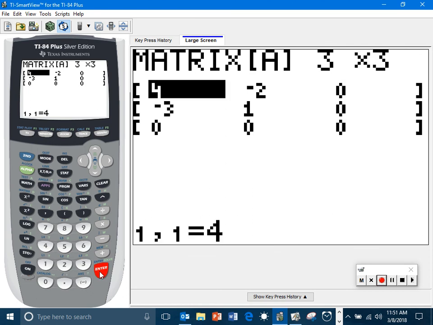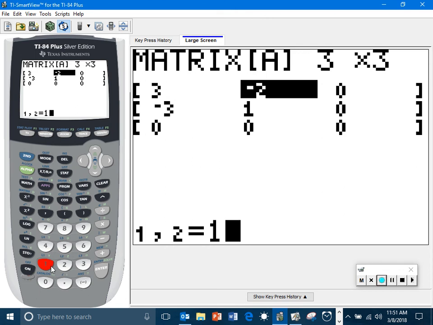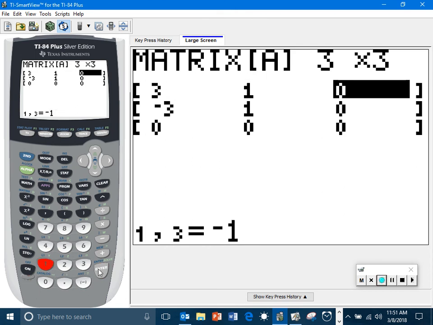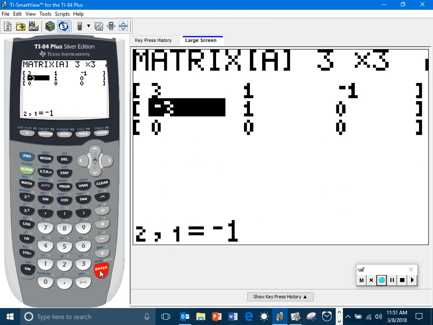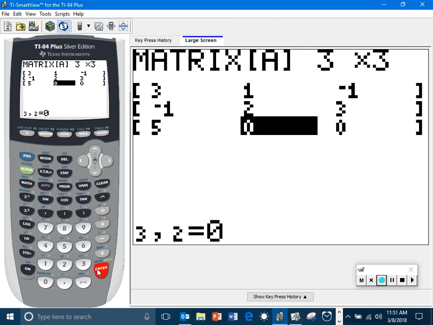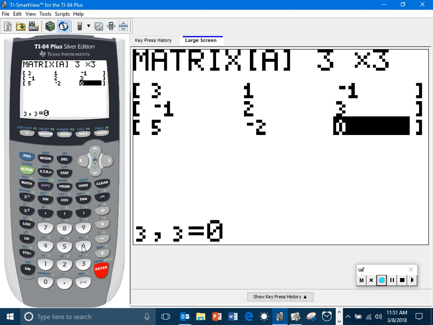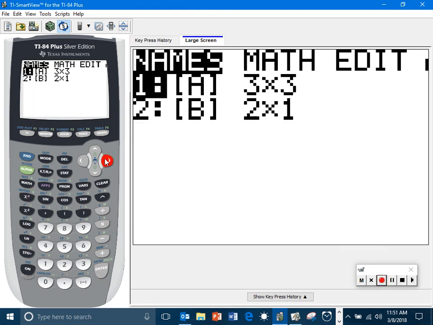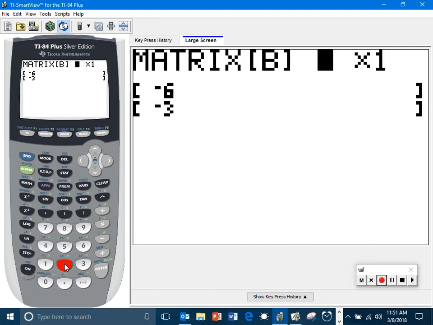All right, let's put the numbers in. Okay, we also have to change the dimensions for the second one. That's 3 by 1.